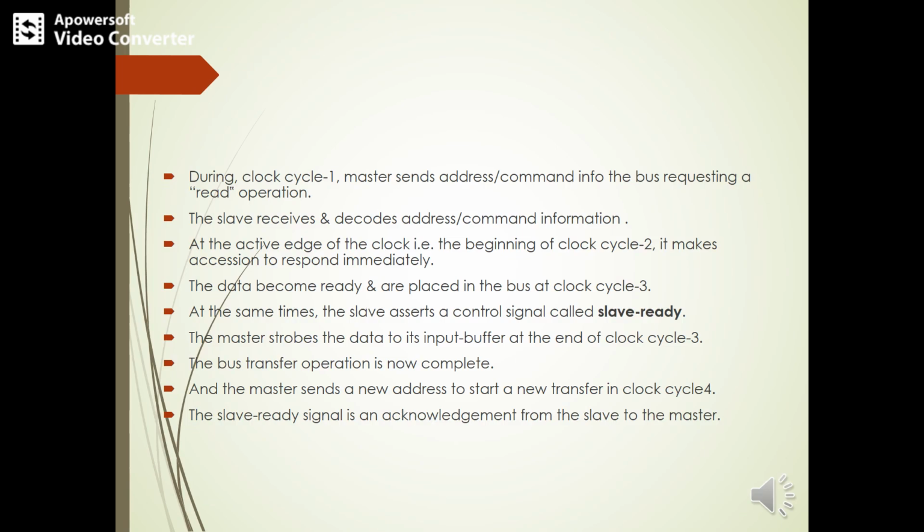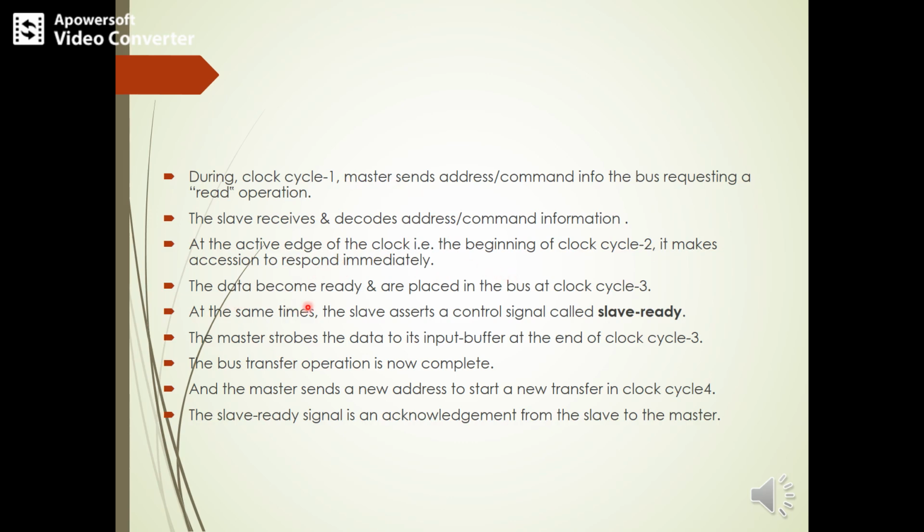During clock cycle 1, the master sends the address and commands. The slave receives those address and commands and decodes them. At the active edge of the clock, that is the beginning of clock cycle 2, it responds to the respective operation which is to be performed.